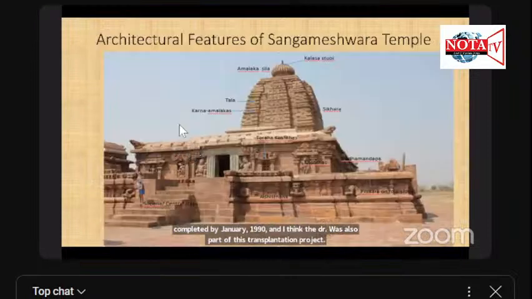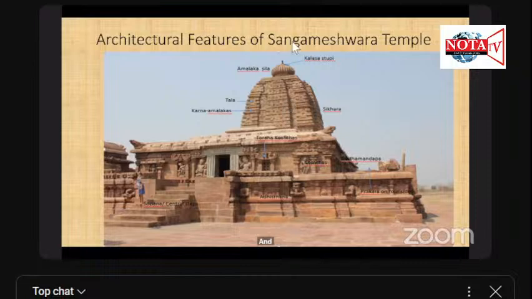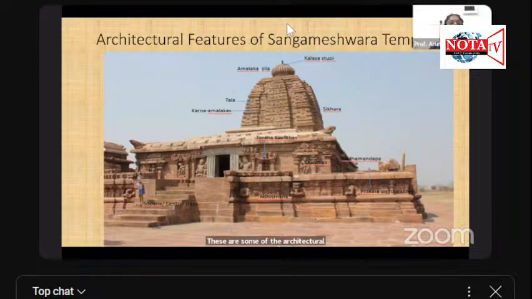So these are some of the architectural features of this particular temple. You have the Kalastupi and Amalaka Sila and Tala, Karnamalakas, Sikhara, Torana, Kostas, Goda Mandapa.